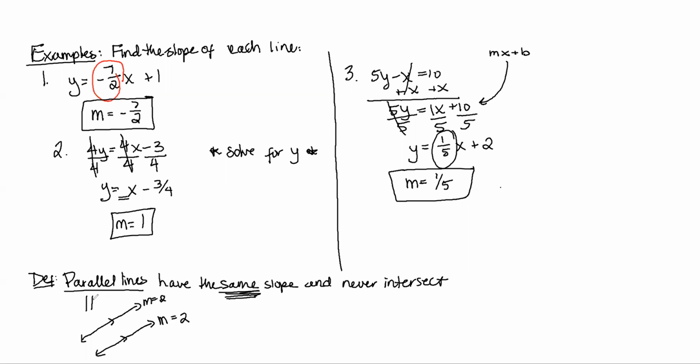So we have one more definition to look at. And our next definition is for perpendicular lines. And so perpendicular lines have what we call opposite reciprocal slopes.